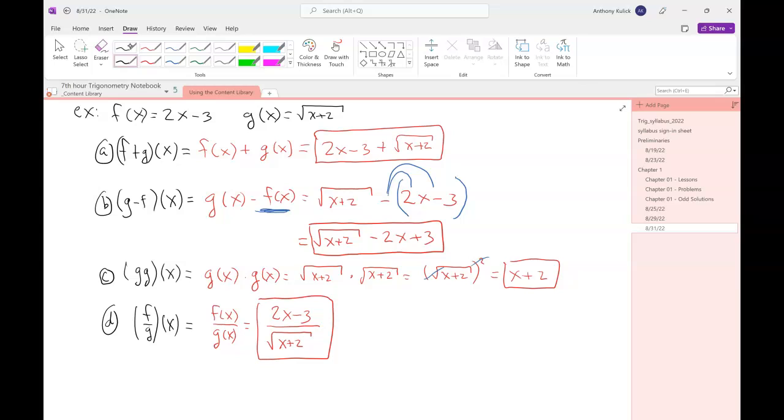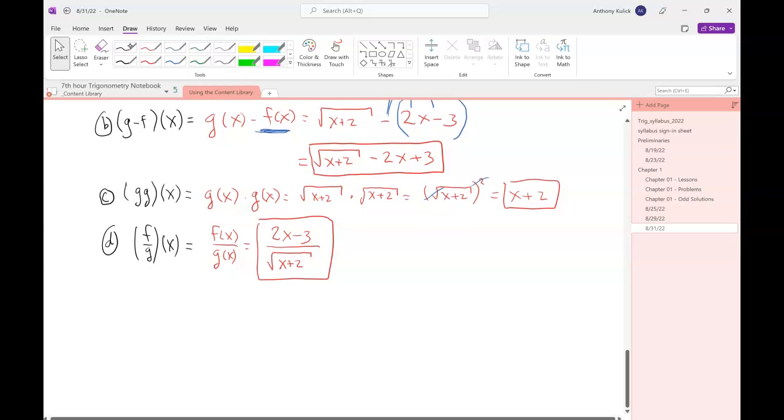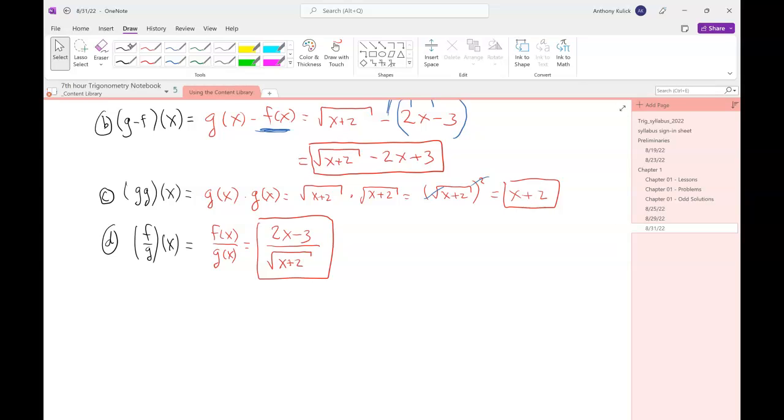Okay. All right. There was actually a fifth operation between functions. I don't know if you guys did talk about it last year in your Algebra 2 class. Typically you do. Does anybody maybe remember? It's not something that's come up yet, so I don't know if you got to it or not.